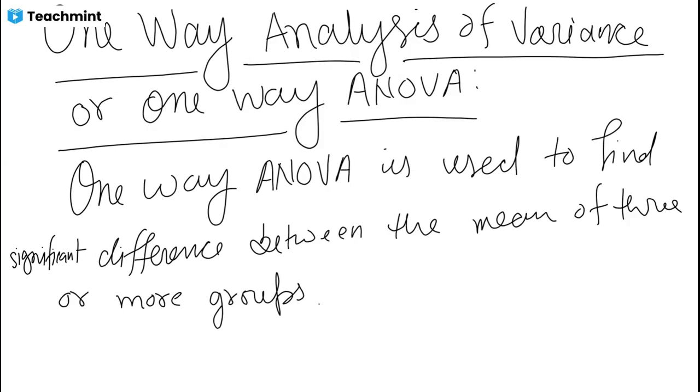We use ANOVA to find significant difference between means of two or three or more groups, if there is any. And further, it checks the impact. Later, after a few seconds, we are going to do the numeric part. This is only for introduction.